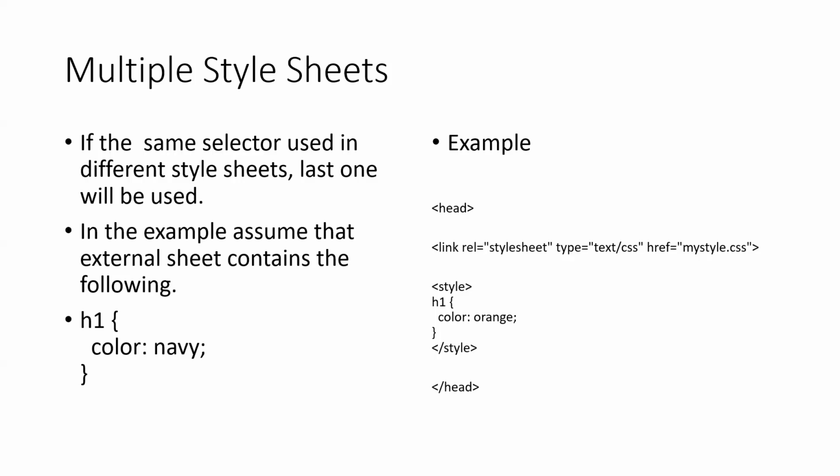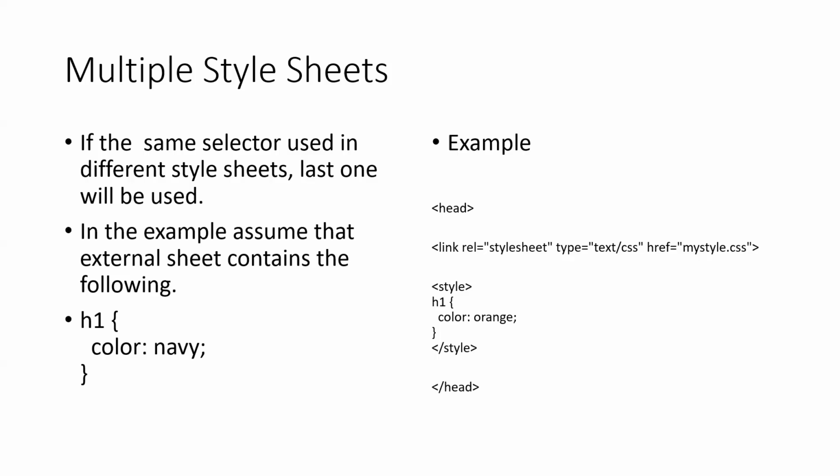Now, remember that when you have multiple styles, you might wonder how it actually affects. We call this cascading, right? So there are a few things we need to note. If we see the same selector, that means let's say you have paragraph, ideally we say the last one will be used, right?